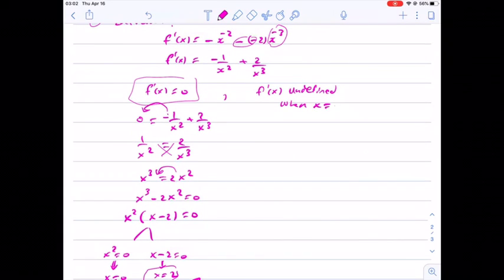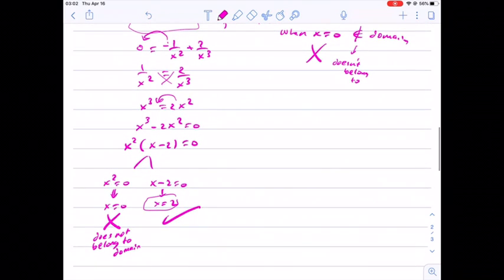Now f prime of x is undefined when x equals 0, but this does not belong to the domain. We sometimes use this notation to mean does not belong to the domain. So we exclude this. So we only have x equals 2 as a critical point.